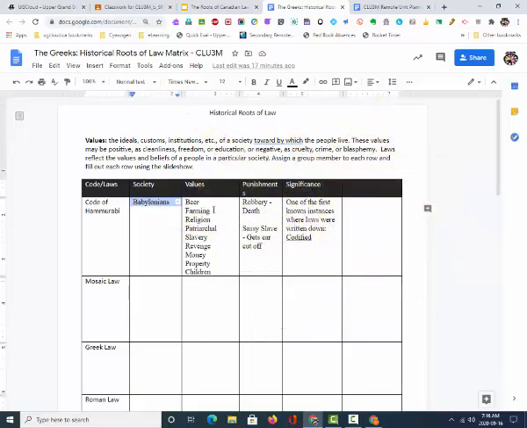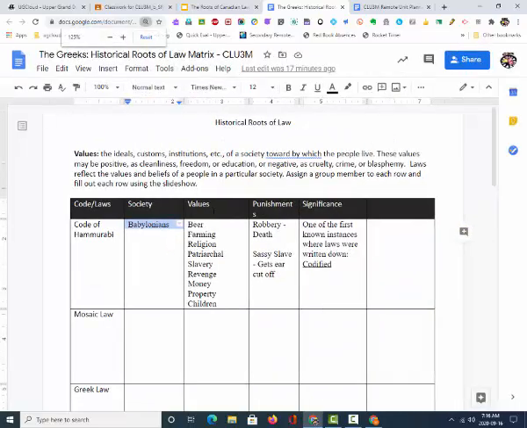The second piece, values, might not be as simple to find, nor will pieces like significance. But if we look at implied information, we may be able to gather more information than you think. So you can see under values, there are different values that have been listed.